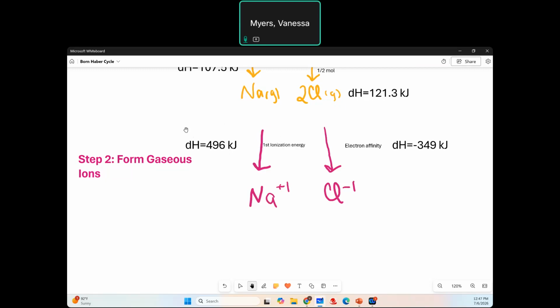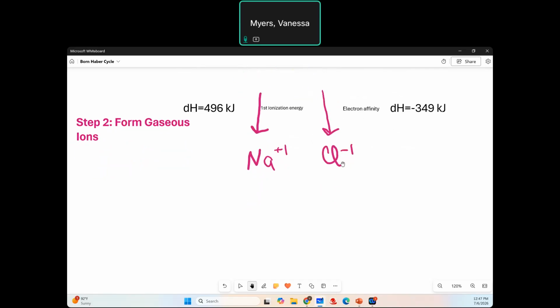And so again, your instructor could either give you a chart of ionization energies, or they could just give you the first ionization energy for sodium. So for sodium gas to go to sodium cation, its enthalpy is 496 kilojoules. Now let's look at chlorine. We have that one single chlorine, and that single chlorine now becomes chloride anion.